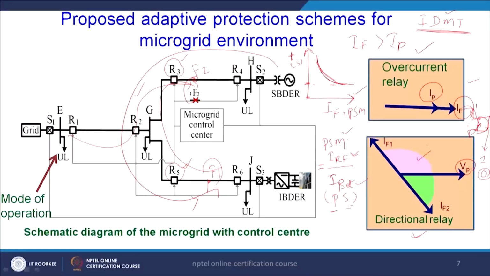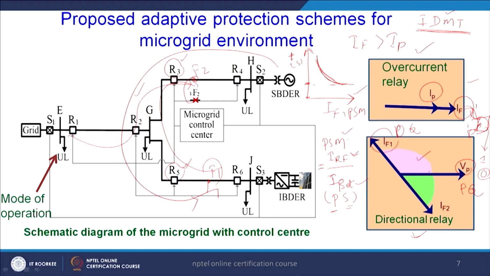And how does it operate? It will take the angle between the two quantities. This is my polarizing quantity PQ, and these currents IF1 and IF2, in front of the relay and behind the relay, are the operating quantity OQ. OQ stands for operating quantity and PQ stands for polarizing quantity.